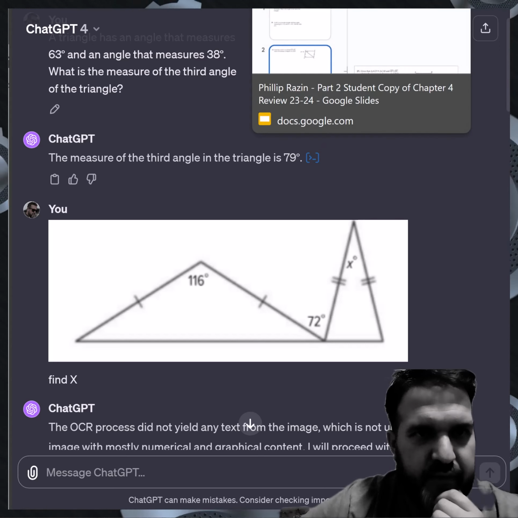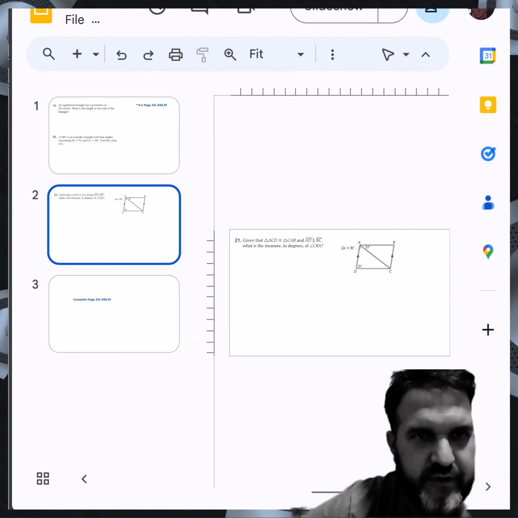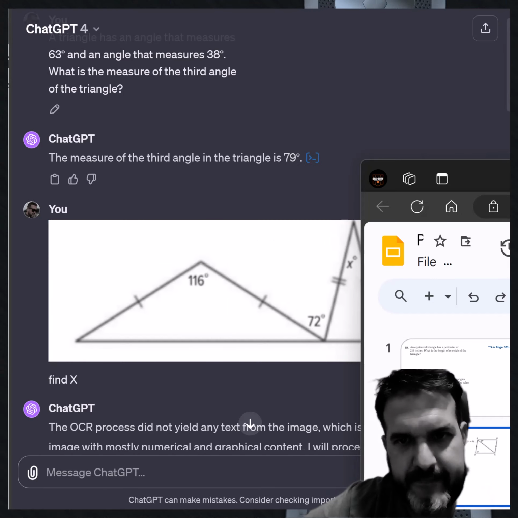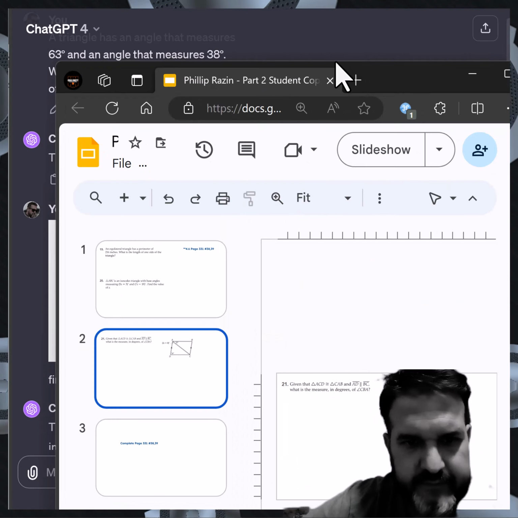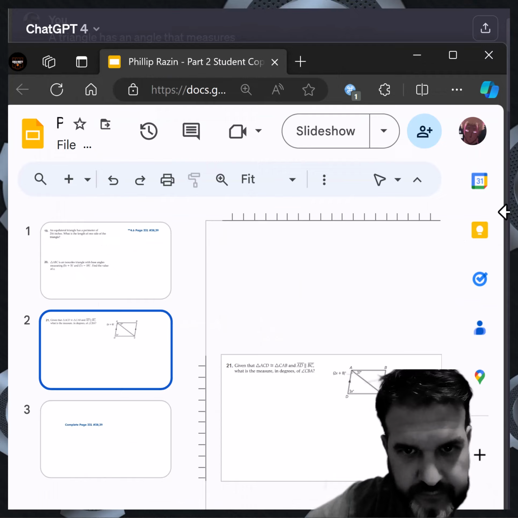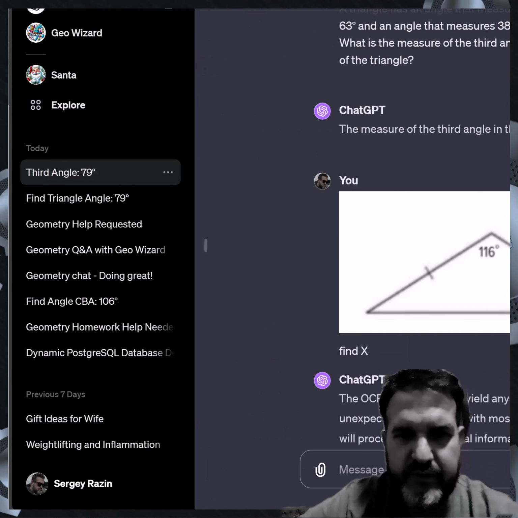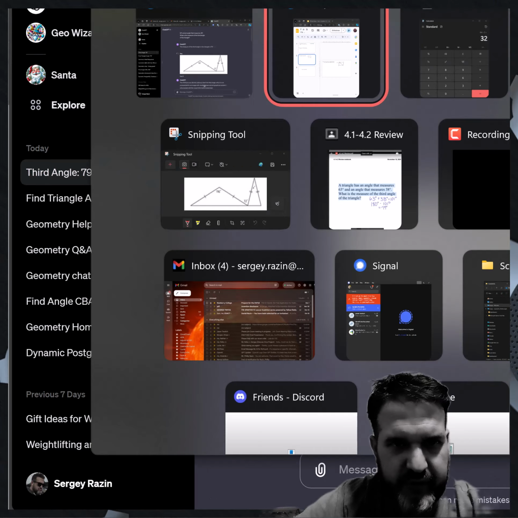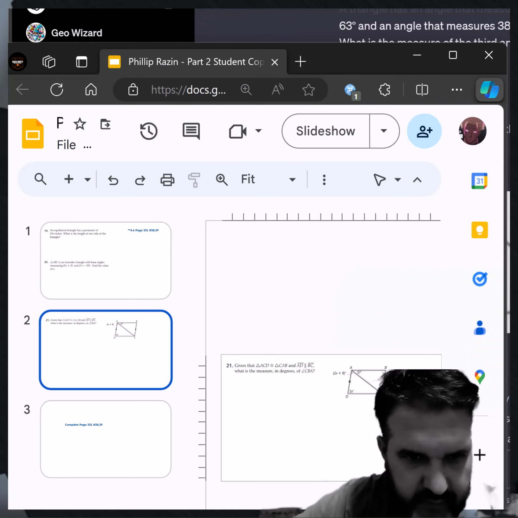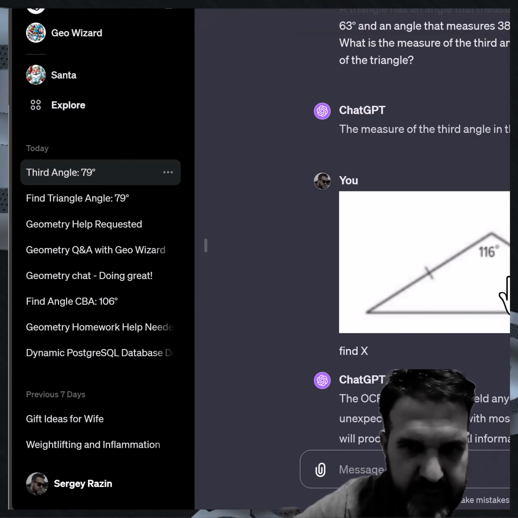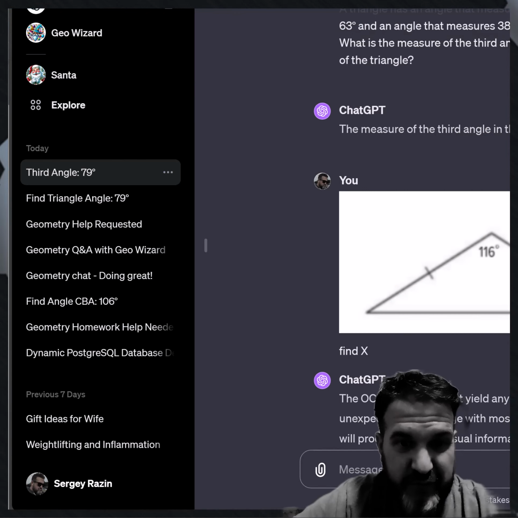I'm going to move on to the next problem, which is going to be this one. I think that one has a little bit more words. Well, I mean, it's obviously an image. To solve geometry, you kind of have to understand the image.